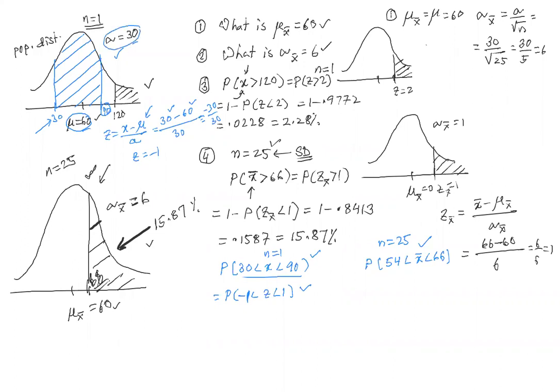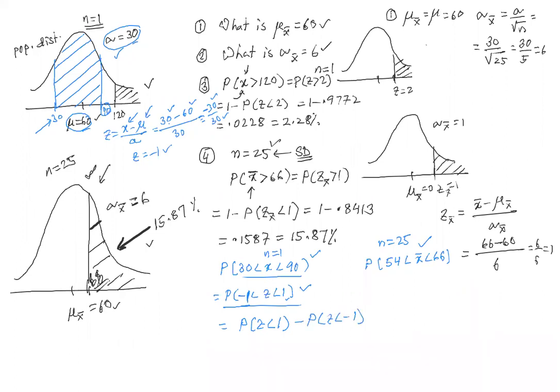So 30 minus 60 is -30, over 30 is -1. So that's how I got this -1. Now, if you do the same calculation exactly, but replace this X by 90, you're going to get +1. Now, there's going to be this area in between, and we know how to find the area between two Z values. So it's going to be the probability of Z less than 1 minus the probability of Z less than -1, okay?